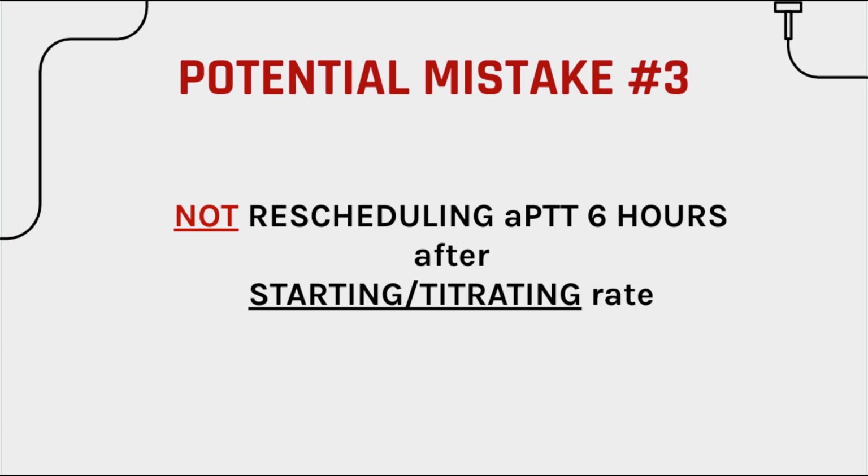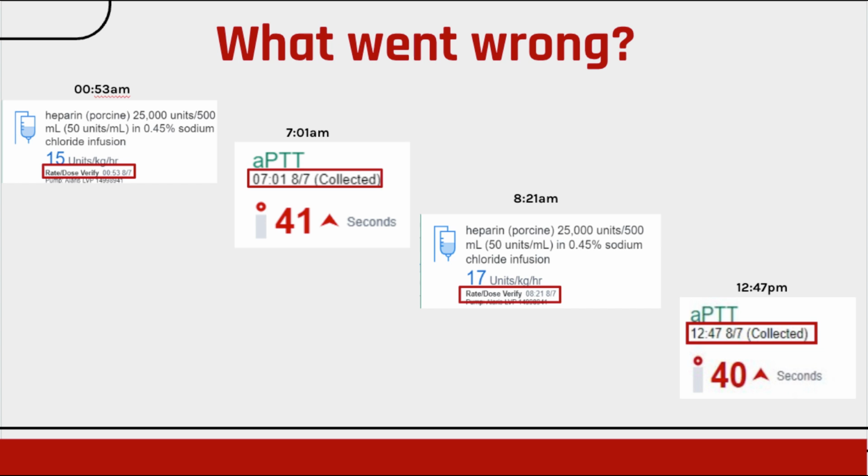The next potential mistake is not rescheduling PTT 6 hours after starting or titrating rate. Looking at this timeline of rate change and PTT lab drawn, what do you think went wrong here?